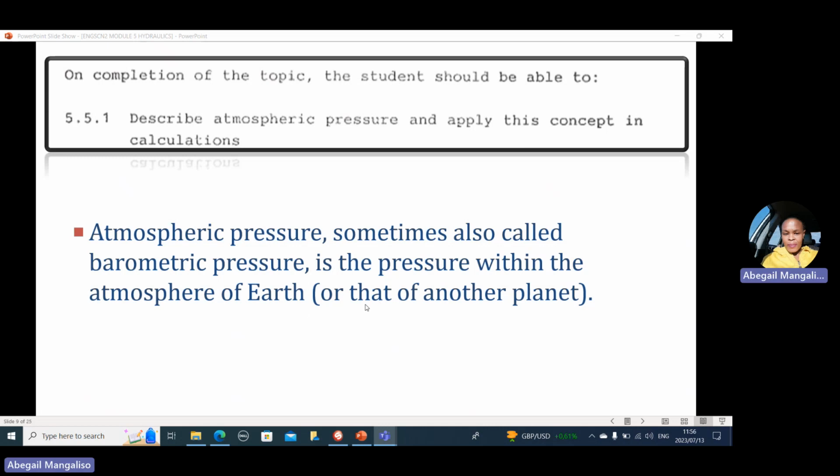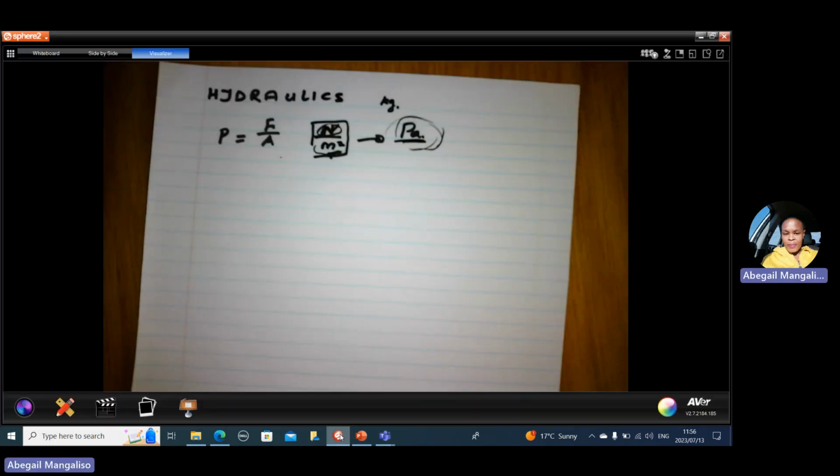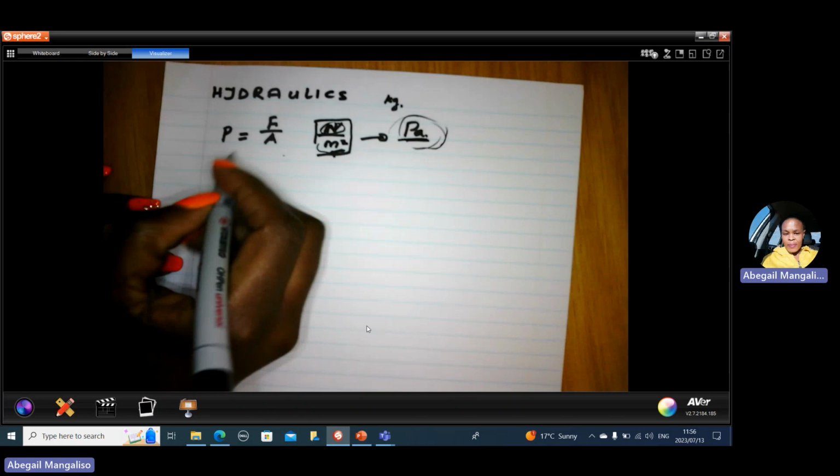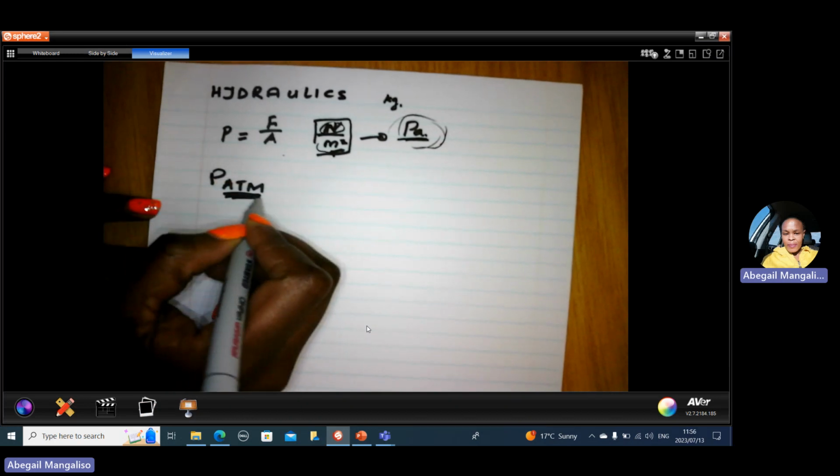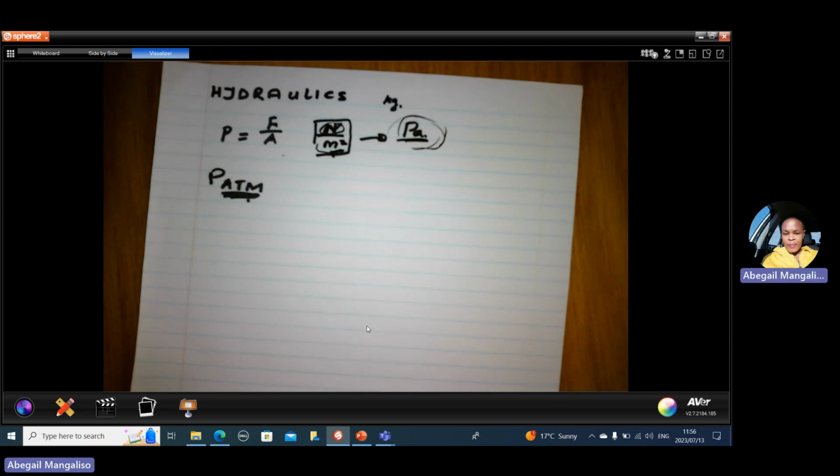The symbol that we use for atmospheric pressure is PATM, which is short for atmospheric pressure.